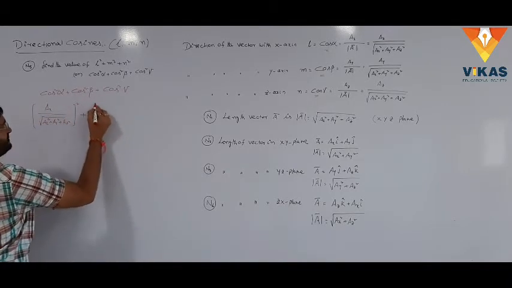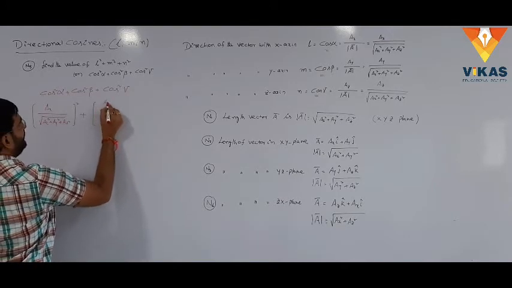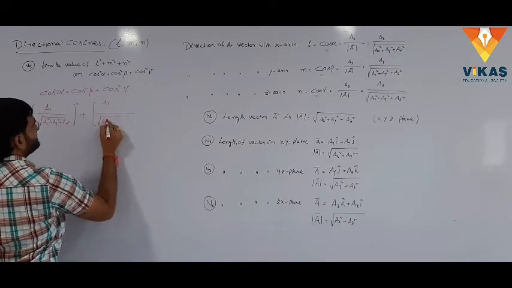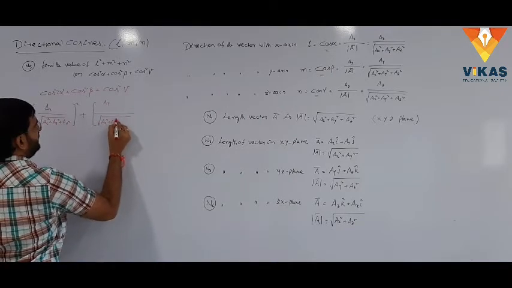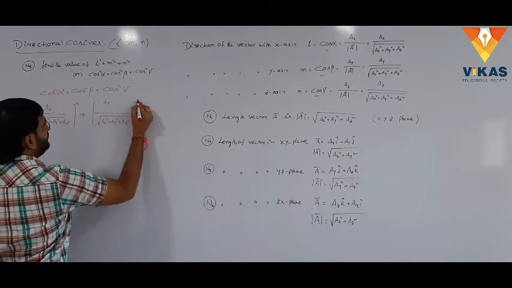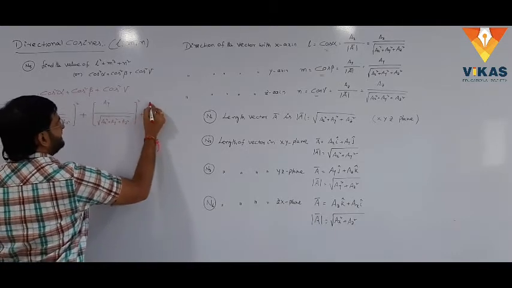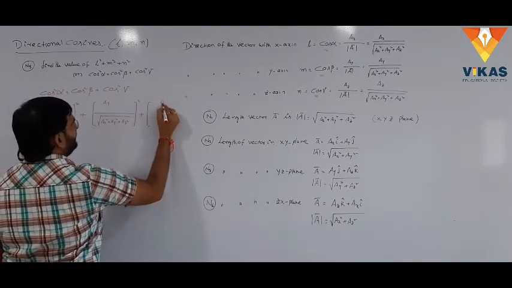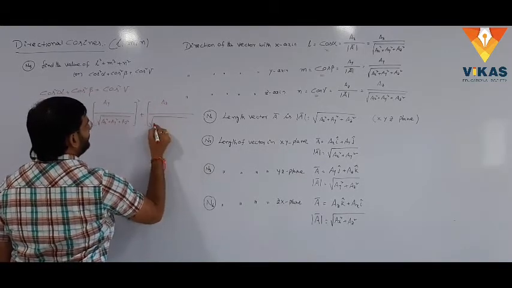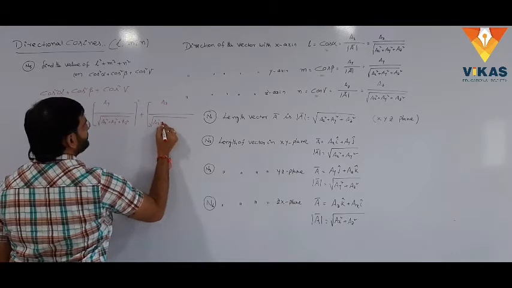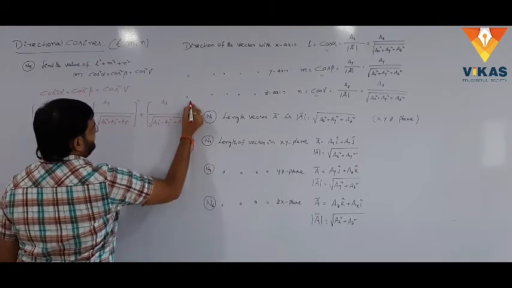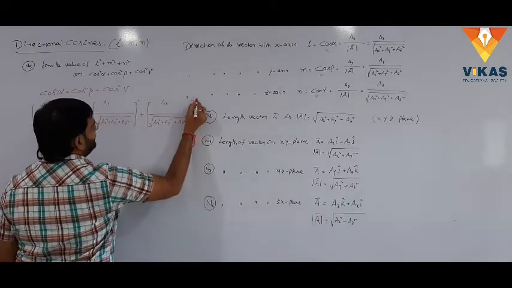Cos beta is ay by square root of ax square plus ay square plus az square, totally whole square. And cos gamma is az by square root of ax square plus ay square plus az square, totally whole square.